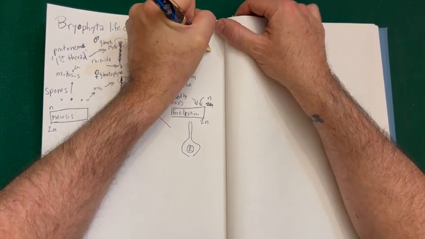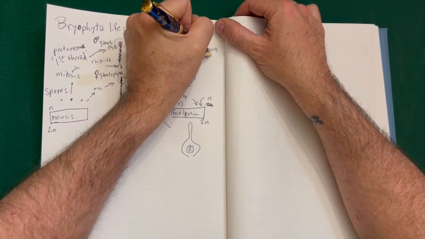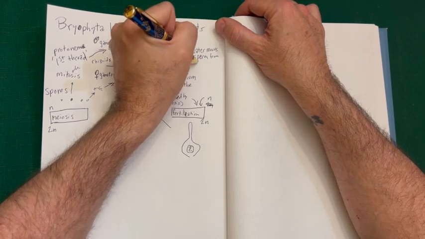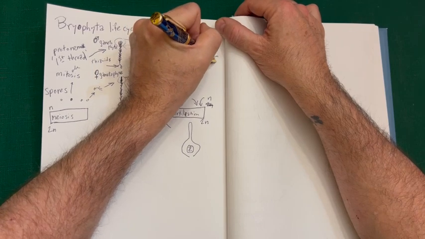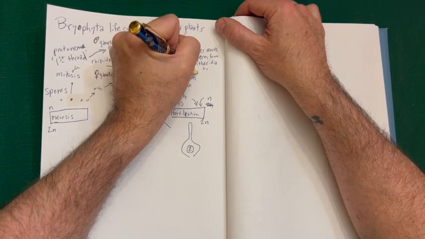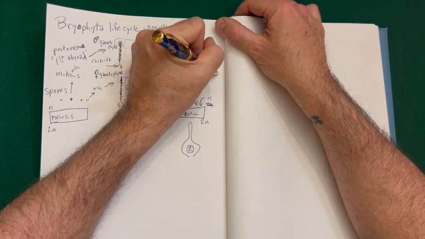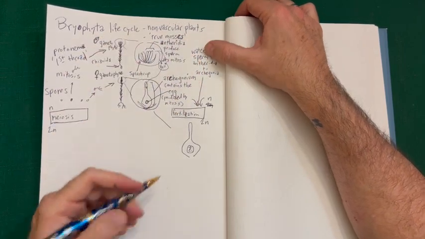Water moves sperm from antheridia to archegonia. And that's how we get fertilization.